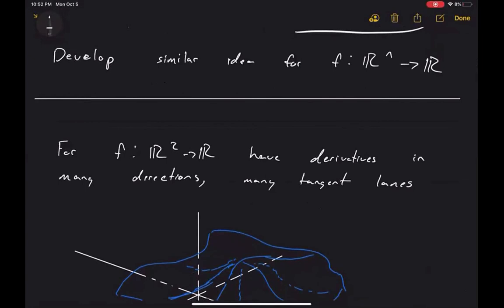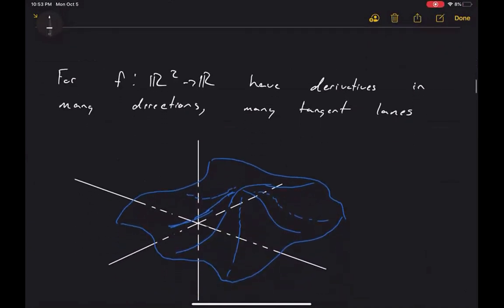And again, we're going to run into some problems when we start thinking about things coming from different directions, just like with limits and continuity and the partial derivatives and all that.